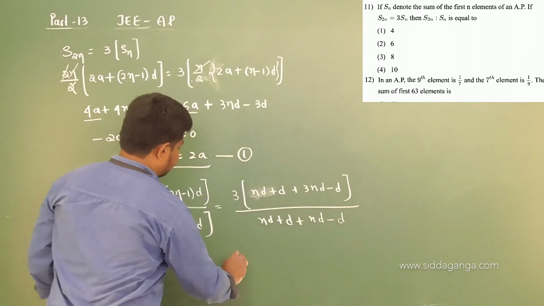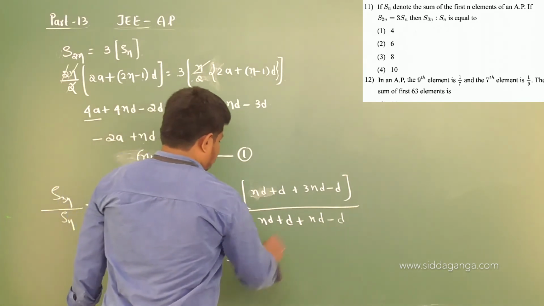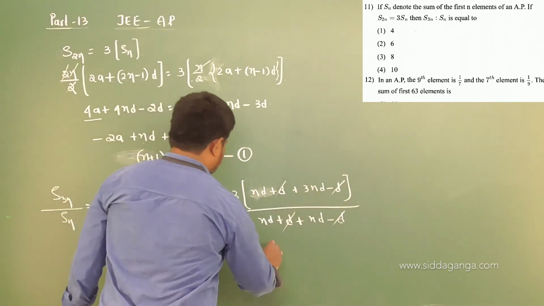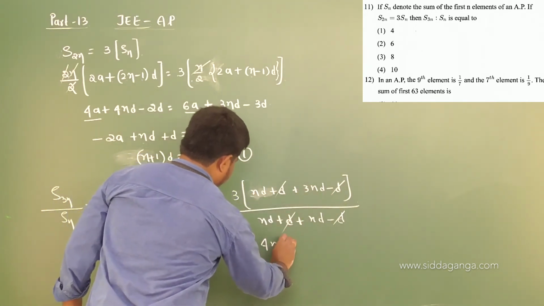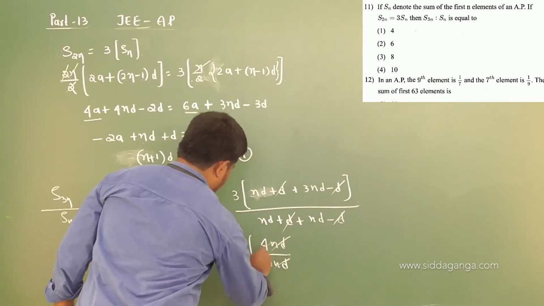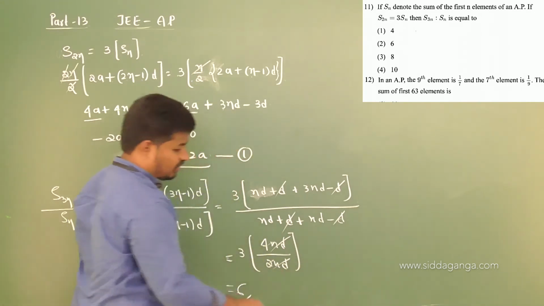The d's cancel. So nd plus 3nd is 4nd, divided by 2nd. So 2s are 2, you get 3 times 2, which is 6. The required ratio is 6 is to 1.